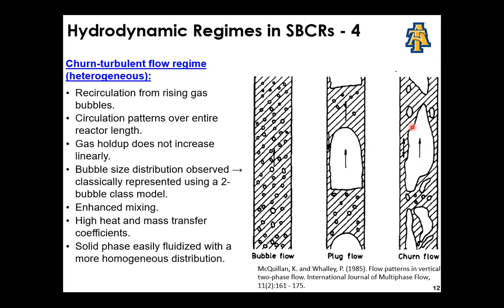These large bubbles rise up through the liquid, and thus it is called a churn turbulent flow. There is enhanced mixing in our churn turbulent flow. It has a very high heat and mass transfer coefficient, and the solid phase is easily fluidized with a more homogeneous distribution.